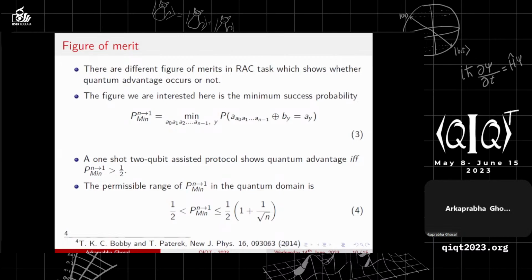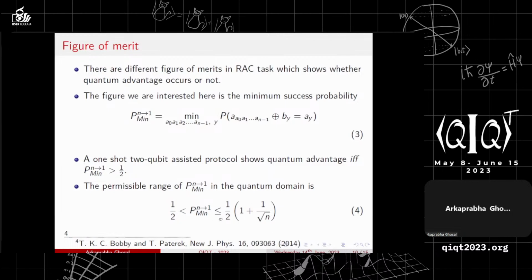So we will gain some advantage if and only if this minimum success probability is strictly greater than half, where the only restriction imposed here is that Bob's marginal has to be maximally mixed if they are playing 2-to-1 RAC. So the permissible range of this minimum value is bounded by a lower bound and an upper bound.